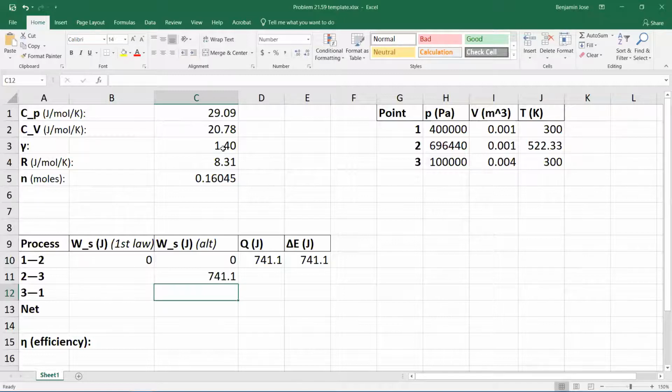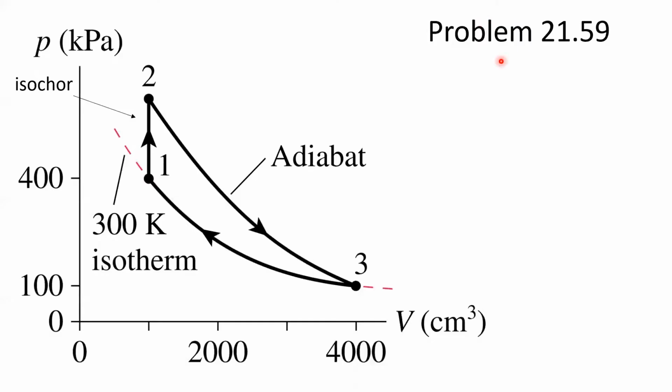Interesting. The work done along the adiabat is numerically equal to the heat drawn up during the isochoric increase in pressure. Let's look at the PV diagram and see if that makes sense. As we go from state 1 to state 2, the pressure is increasing because heat is flowing in.